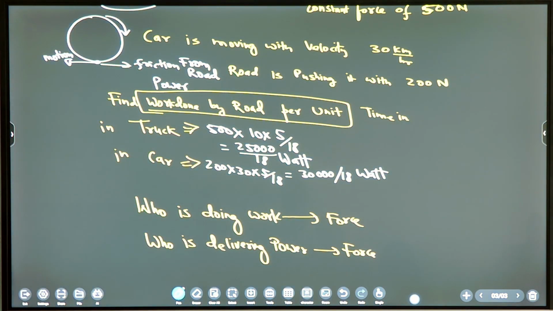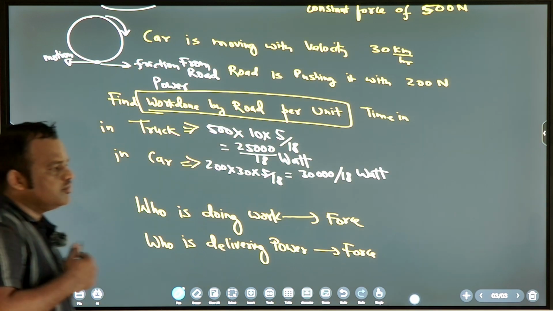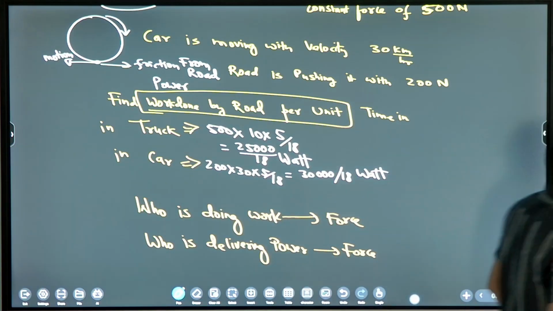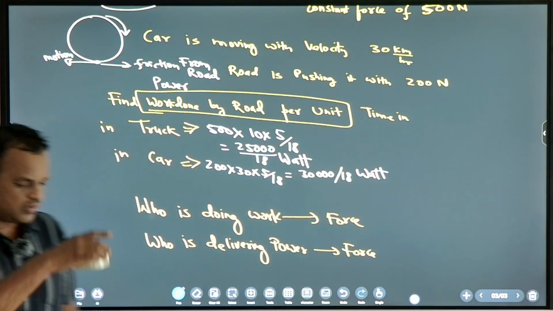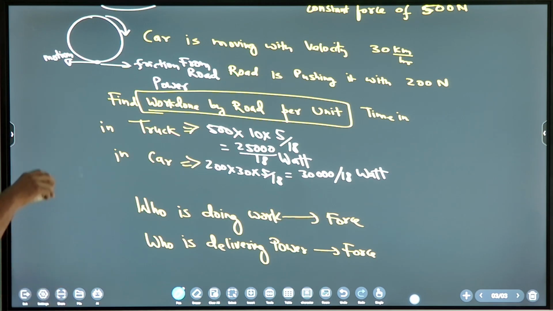Force is doing work, force is delivering power. For example, this object is there, and gravity will pull it down. Why is it falling down? Gravity. So who is doing work? Displacement is downward, force is downward.